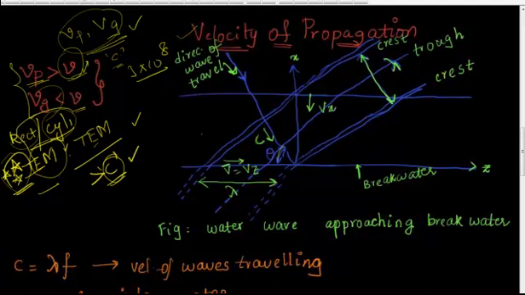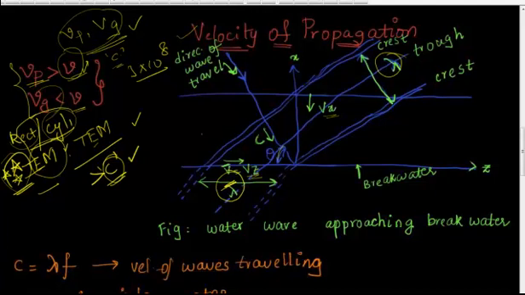Now this is our shore. The z-axis represents our shore. You can see that the direction of wave travel is making an angle theta with our breaking water, that is the shore. And we have also indicated the velocities in the z direction and in the x direction. Now you can find the relation by estimating the values of lambda bar and lambda.